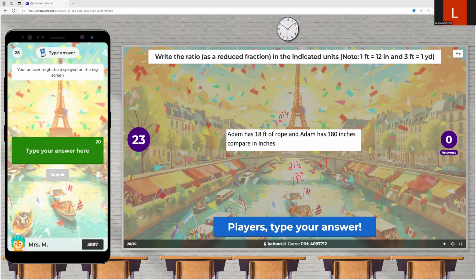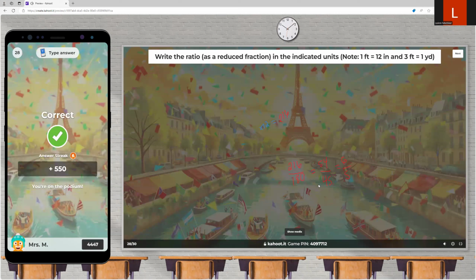Sometimes just partially reducing will help you. These are both divisible by 9. That would be 6, and that would be 5. So it's 6 over 5. So 216 was what we got when we converted the 18 feet into inches. Then we put the inches over the other inches, reduced down by 4, and then saw that it reduced again by 9.